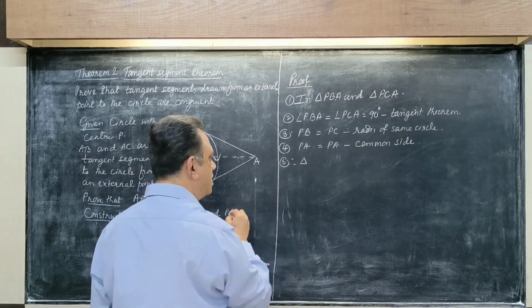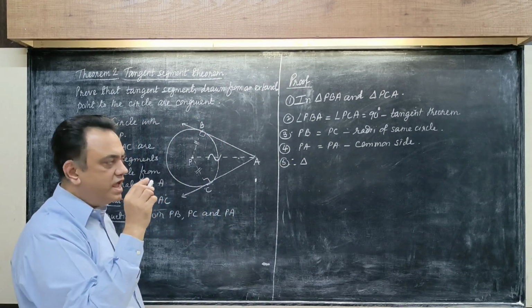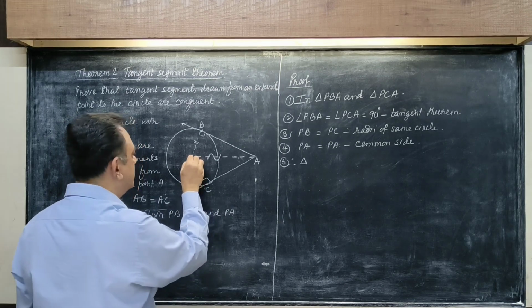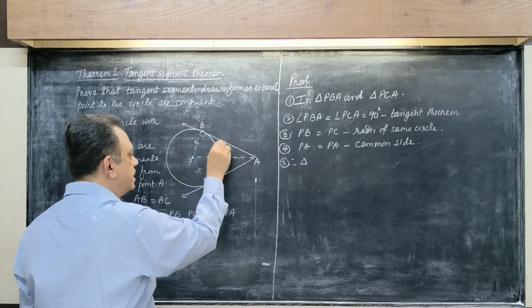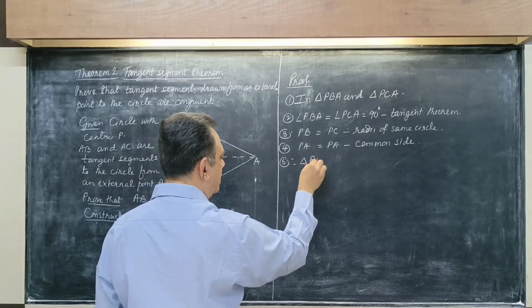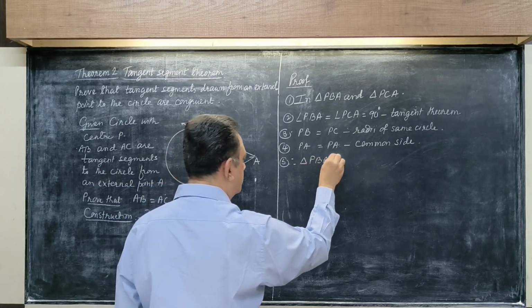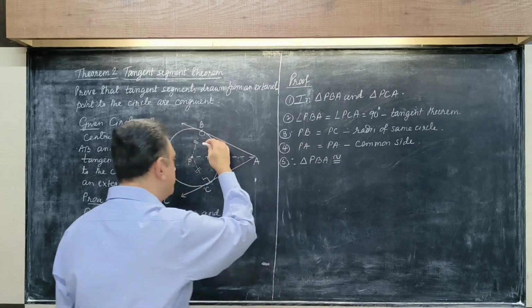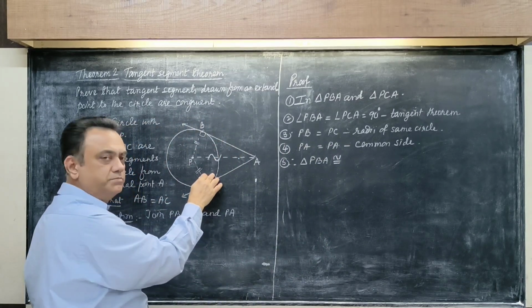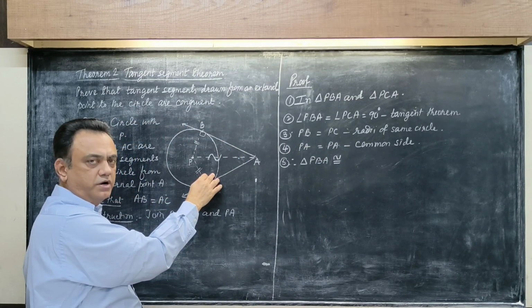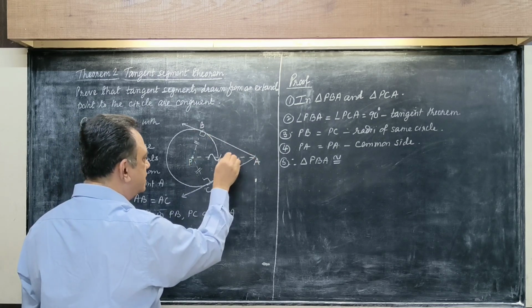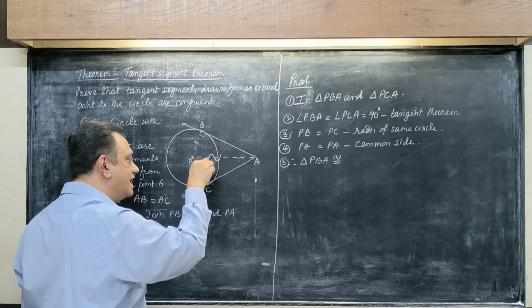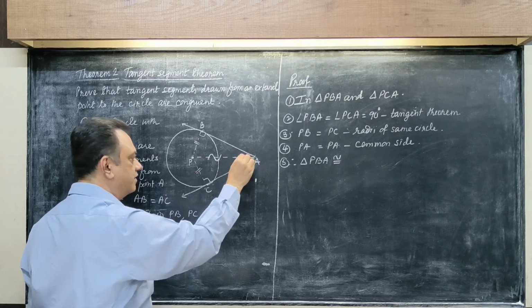Therefore, triangle. Now, when you name the triangle, if I name it this triangle PBA, triangle PBA congruent to. Now name the other triangle as per one-to-one correspondence. If you have named this as PBA triangle, this has to be named as PCA.